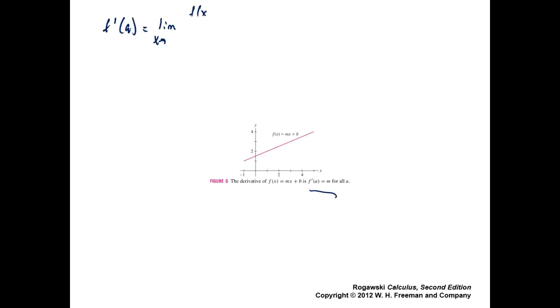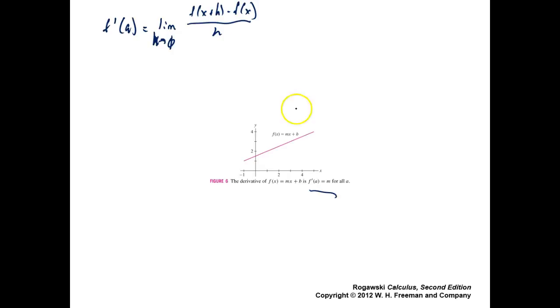If you go back to the definition of derivative on page 114, there's either equation 1 or equation 2. Okay, if h approaches 0, that's what I needed to know. Okay, of f of x plus h minus f of x, right? Okay, over h. Perfect. Okay, that's your definition.